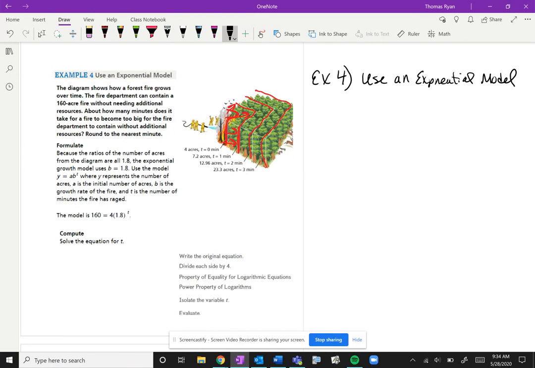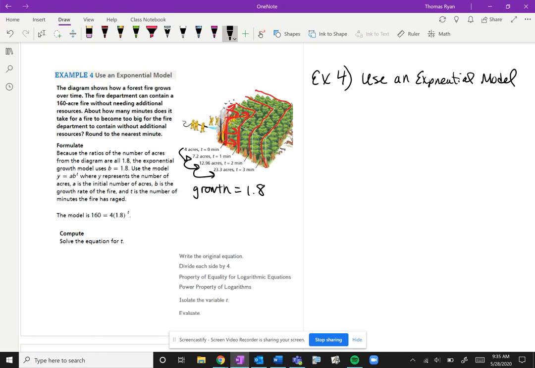All right, it says the ratio of the number of acres from the diagram are all 1.8. So from 4 to 7.2 is times 1.8, from 7.2 to 12.96, and from 12.96 to 23.3. Apparently your growth factor is 1.8.